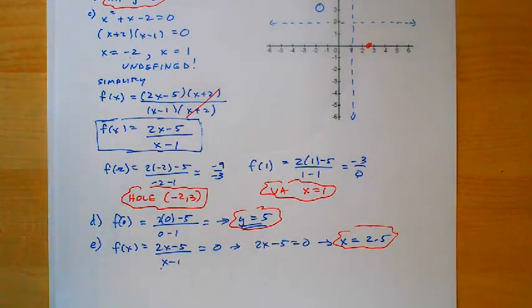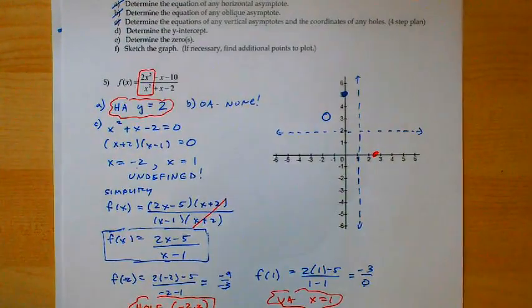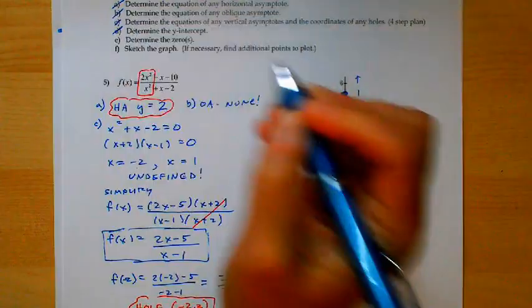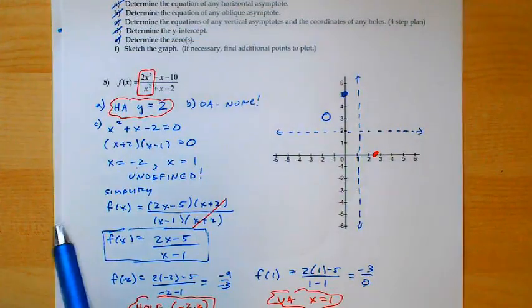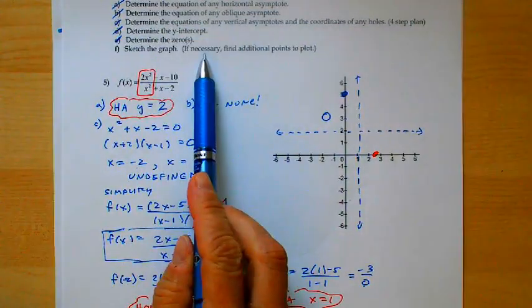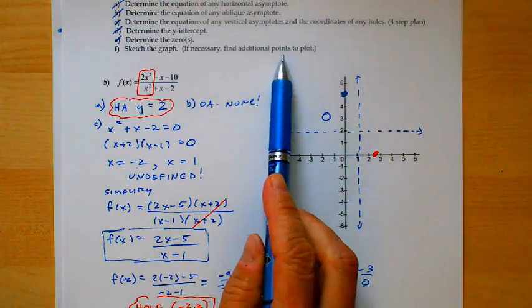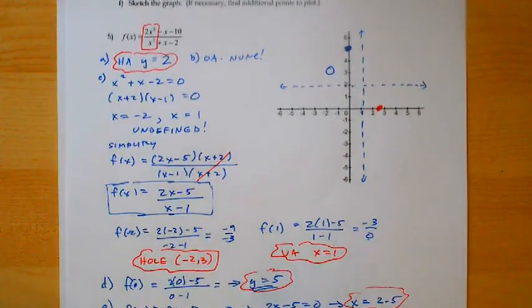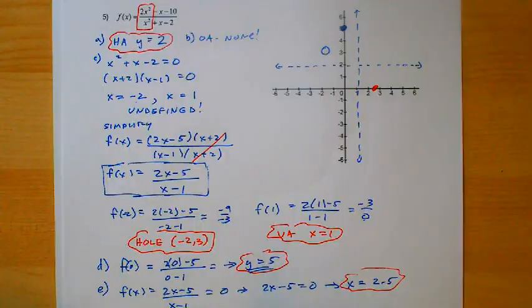Okay, all right. We're now, where are we at here? We are done with D. We are done with E. Part F says, sketch the graph. If necessary, find additional points to plot. I don't know if it's necessary here. Check out what we've got. We might have enough to connect the dots already.